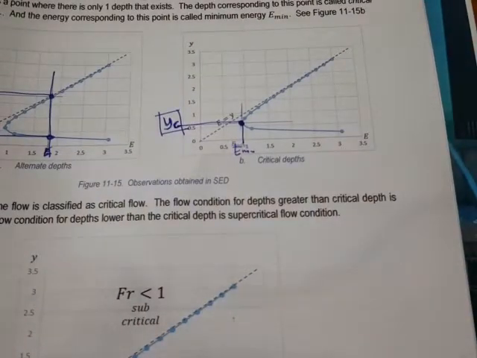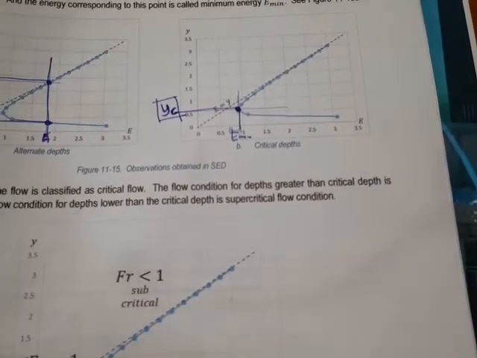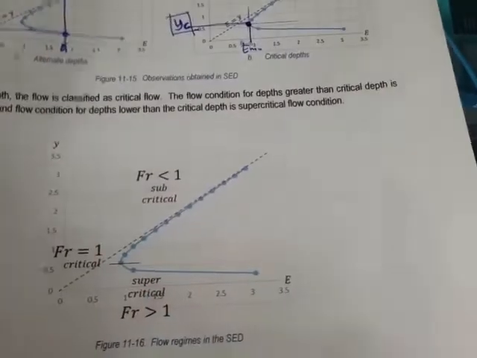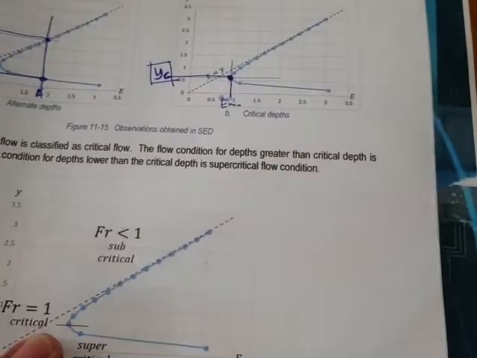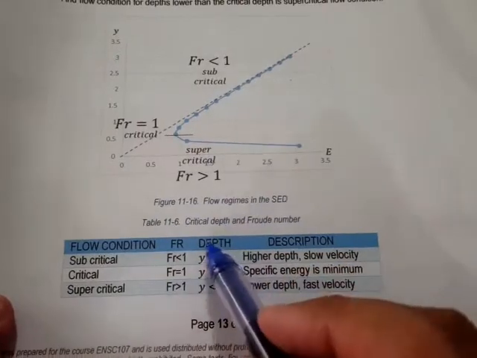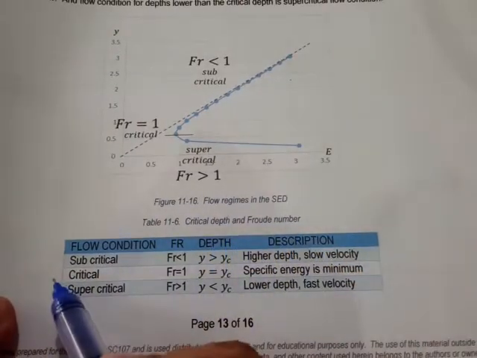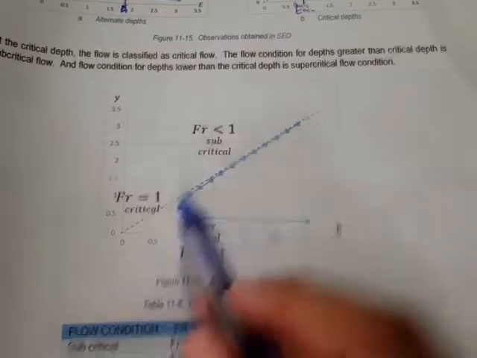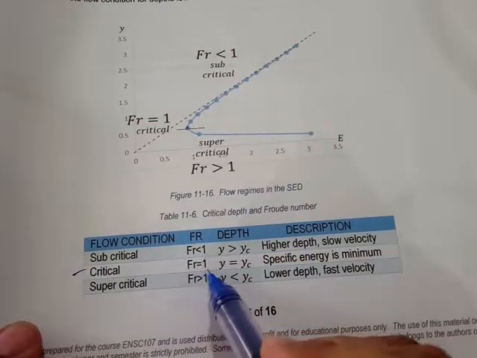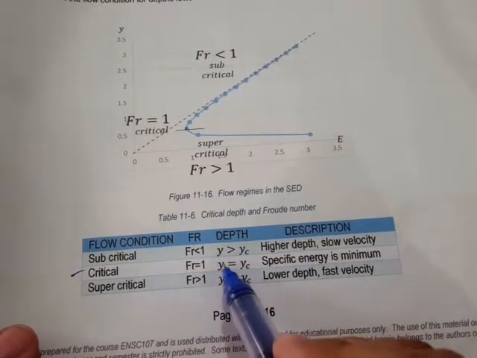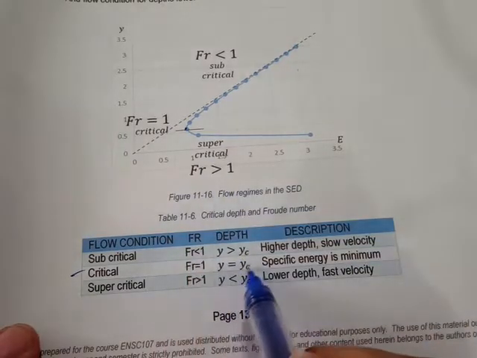Alright, so what else then? So right here in Table 11-6 we have the critical depth and the flow number. At this point, that's our critical point, the flow number is equal to 1, and we can see that the depth at that point is equal to the critical depth.